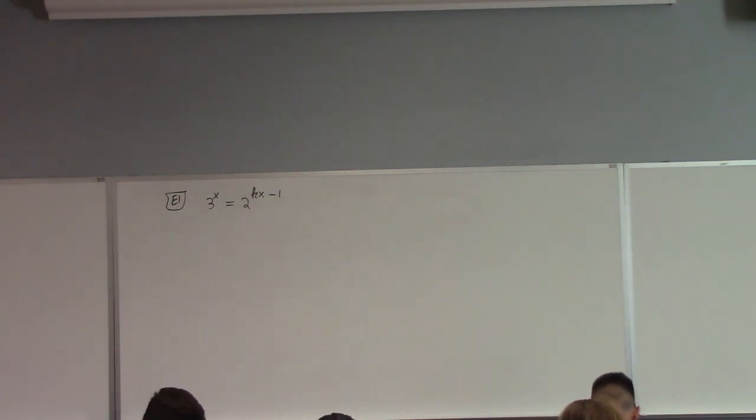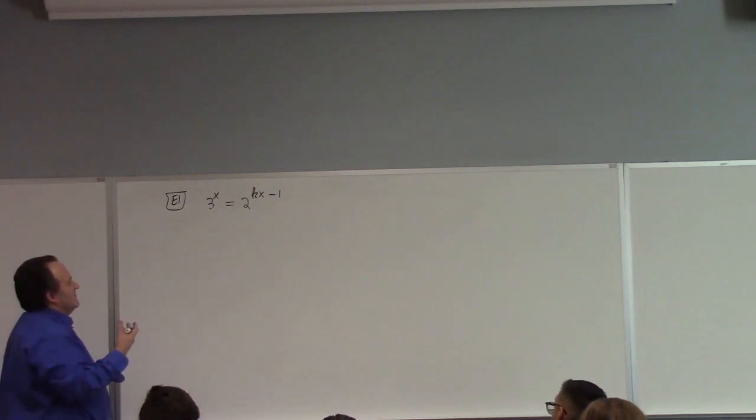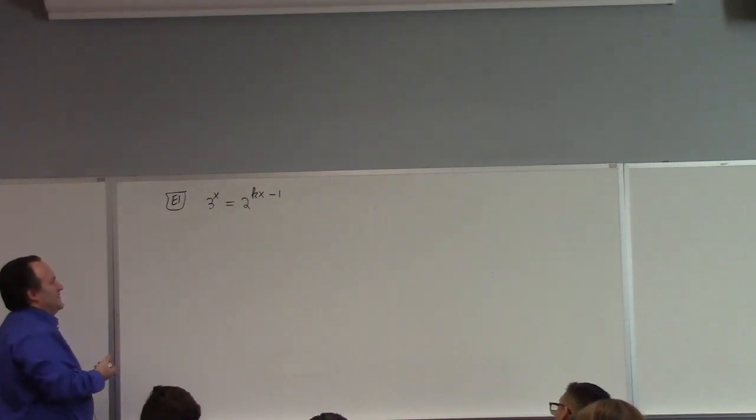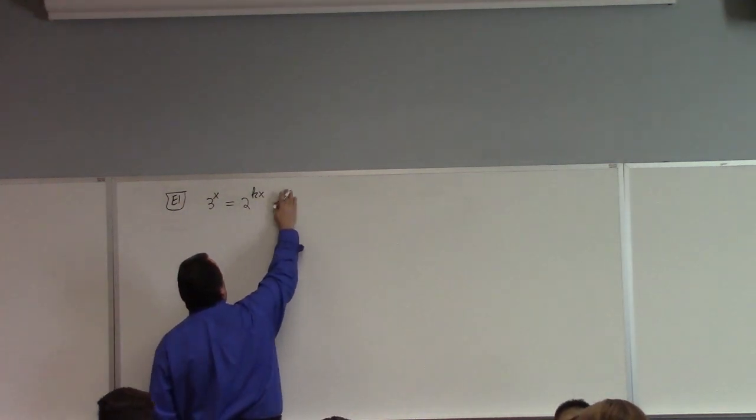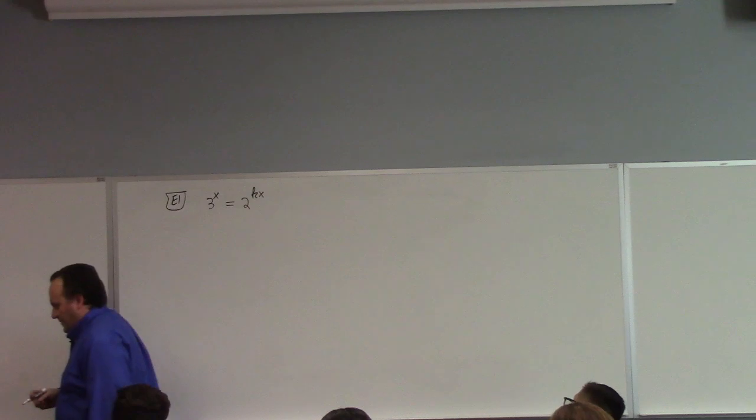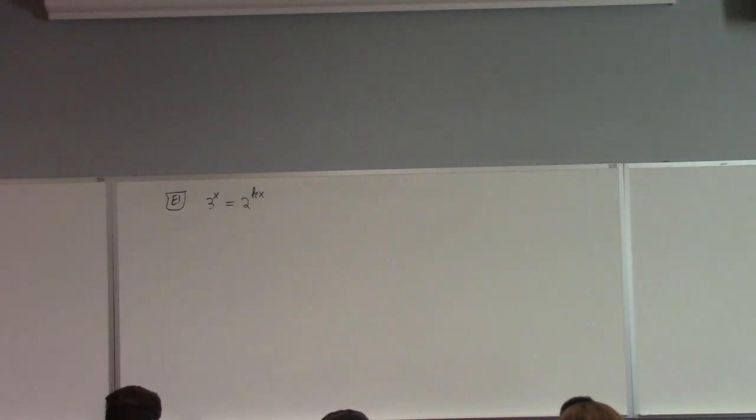Actually, I'm not sure I can even solve that as currently written. Let me not put this minus 1 here. I have a bad feeling about that minus 1. All right, so here's the question. Can you find a value for k such that this equation is true for all x?